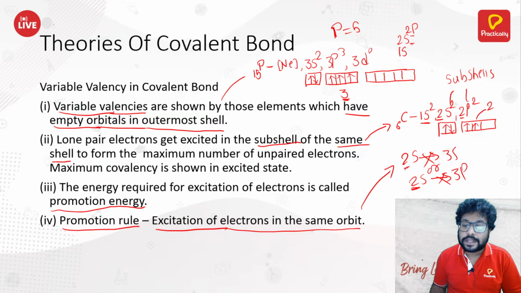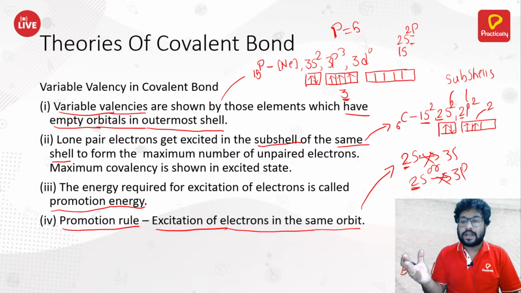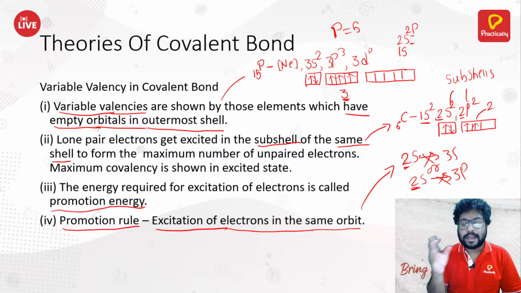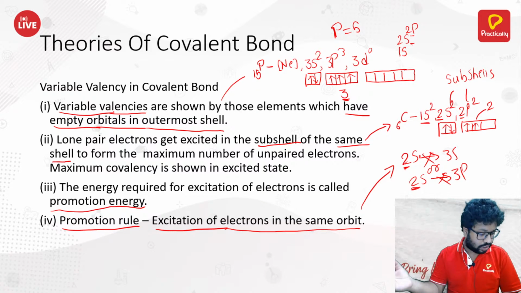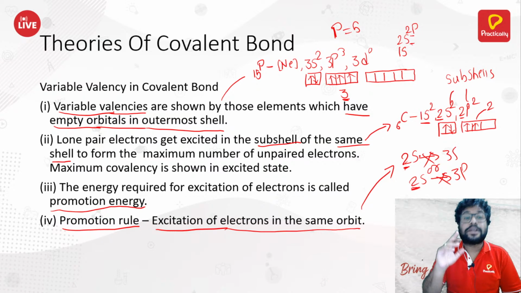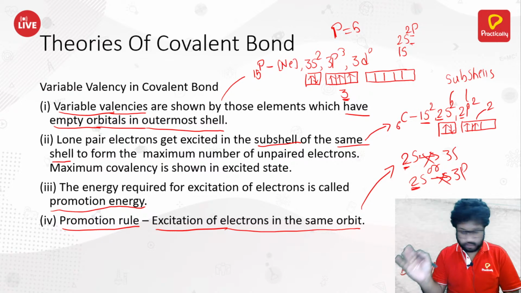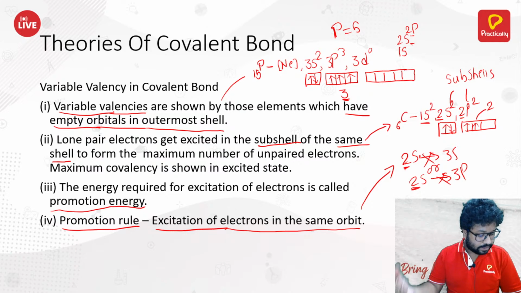The first number, the principal quantum number, should always be the same. The orbital can change: it can go from S to P, it can go from S to D. But the principal quantum number cannot change. That is the rule.